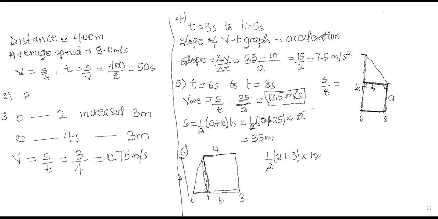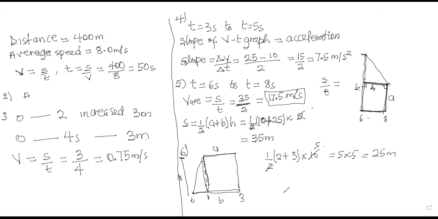Therefore, 2.5 times what is in the bracket, 5, times another 5, equals 25 meters.